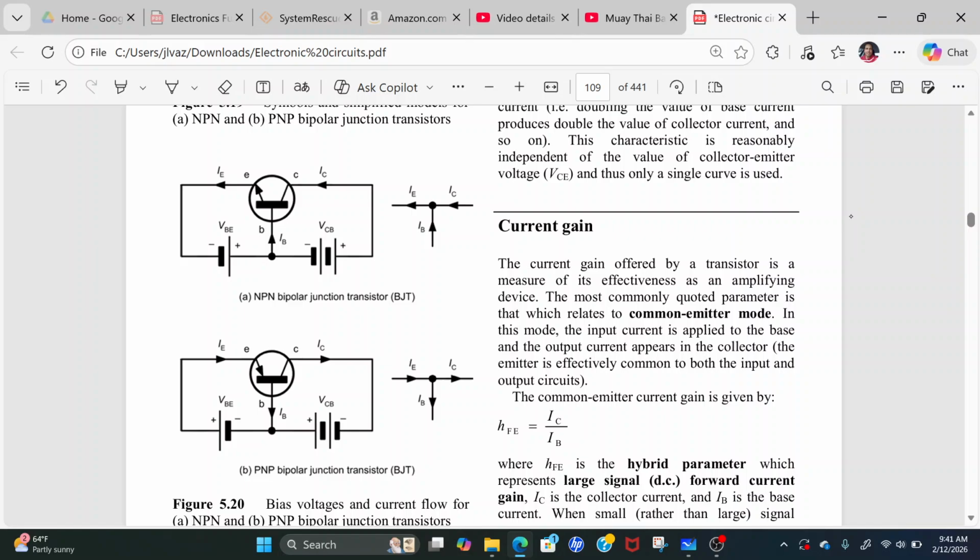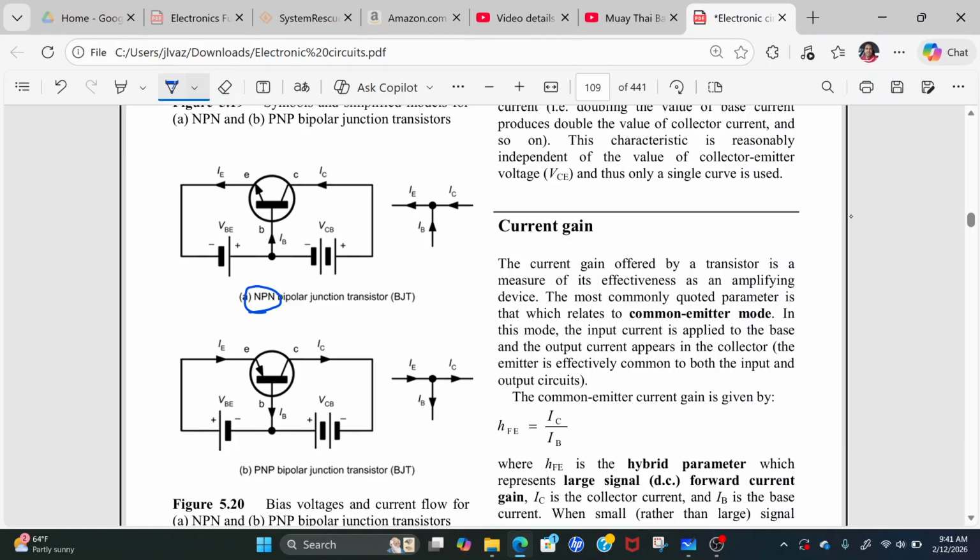And in order to bias the transistor, this is an NPN transistor. Why is it an NPN transistor? Take a look at the arrow on the emitter. The arrow on the emitter is pointing to the outside.